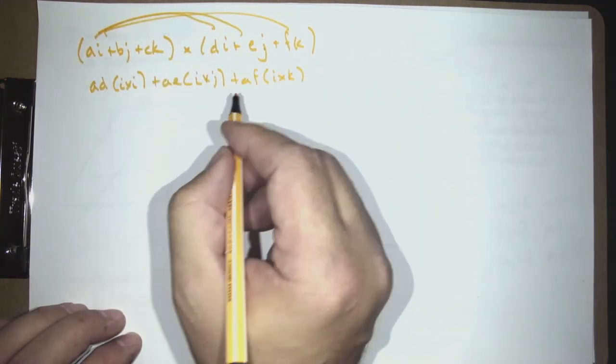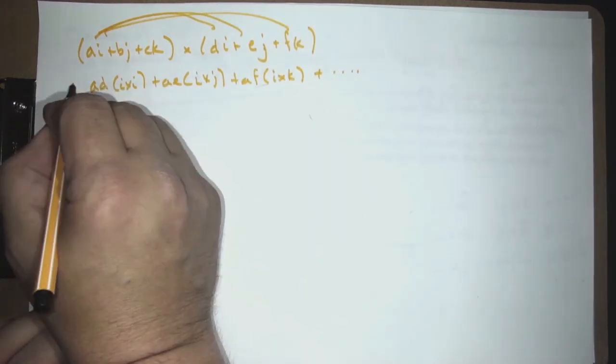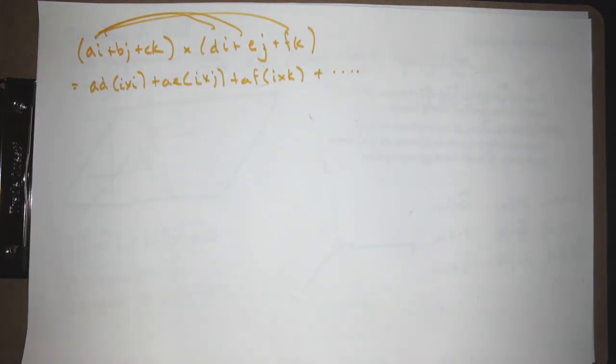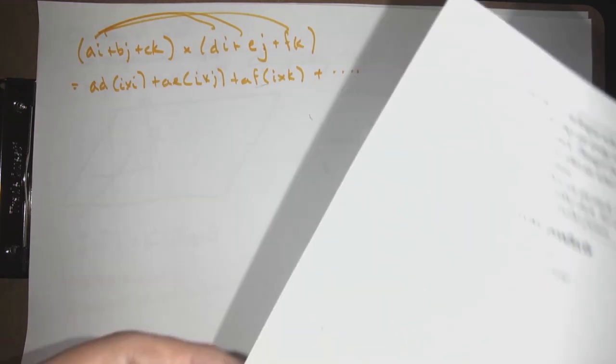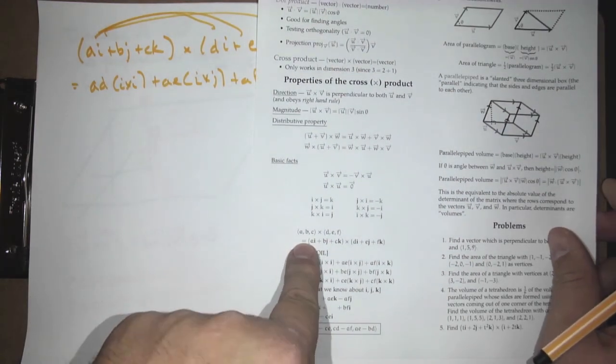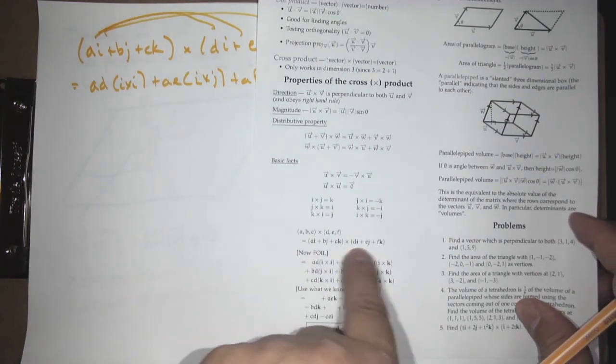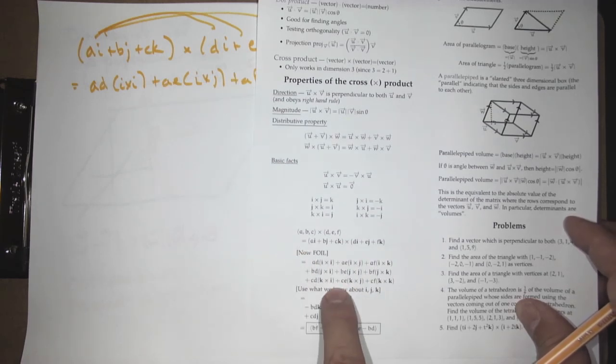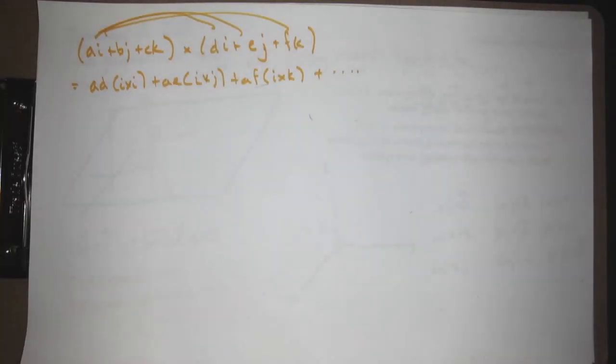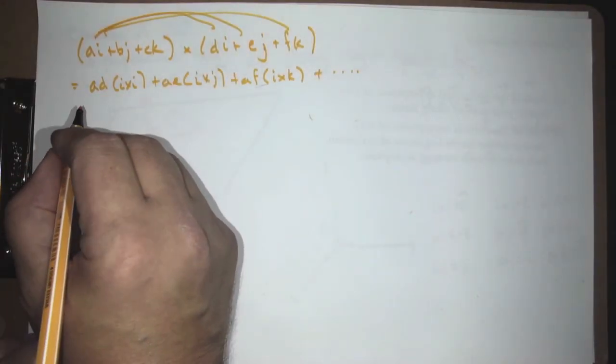Now, I'm going to skip the steps, but if you want the steps, they're in this handout, right? You just take this distribution here. You expand it. We know what's happening with i cross j, i cross k. And so if you follow your nose, you get to the following expression.